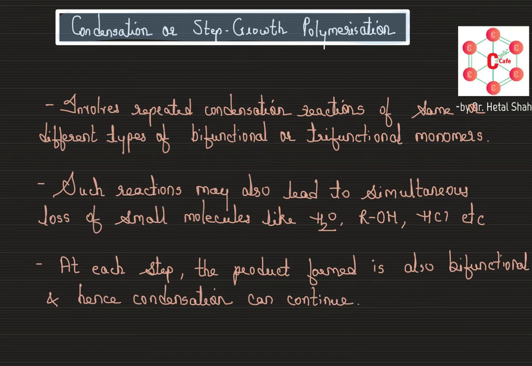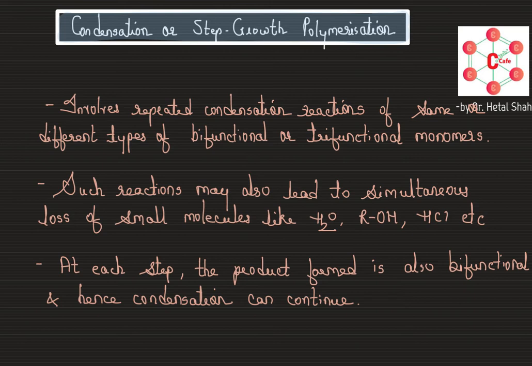Basically, when there are two monomers combining and undergoing some condensation reaction to give a bigger structure, a dimer, two monomers combine and give you a dimer. The dimer which is formed can continue condensation reaction only if it has got two functional groups, right?